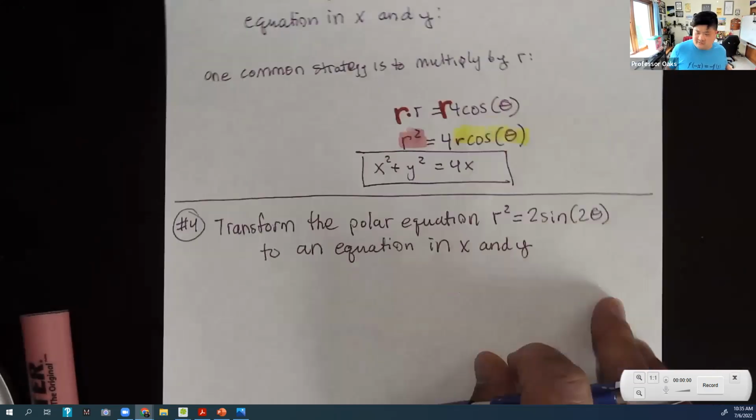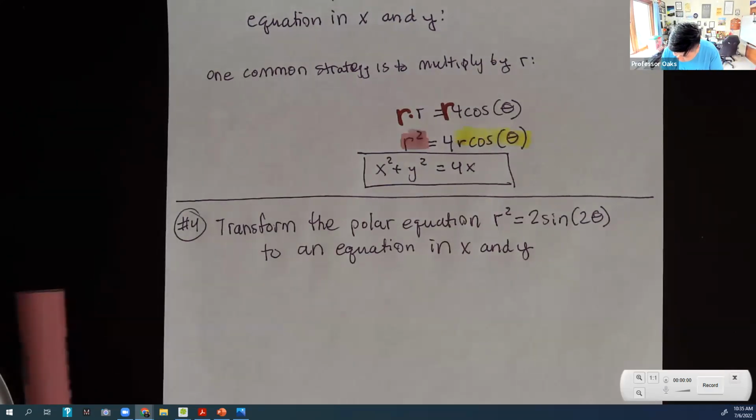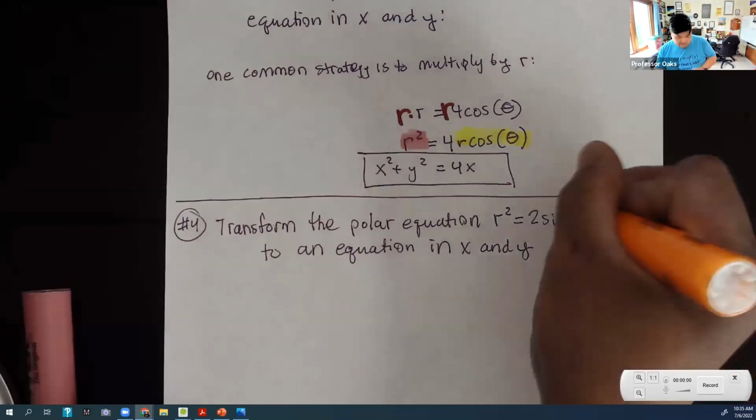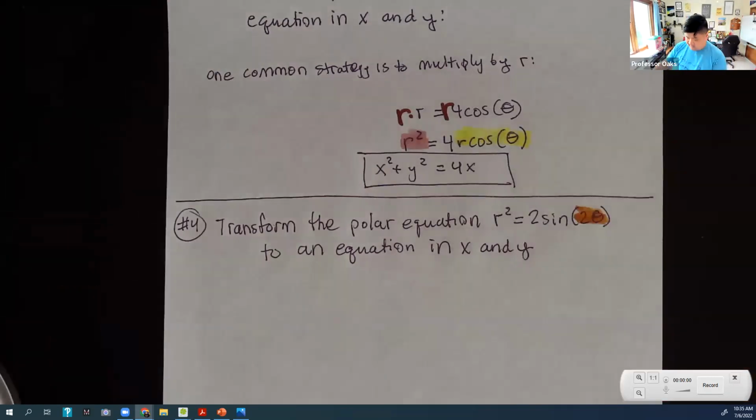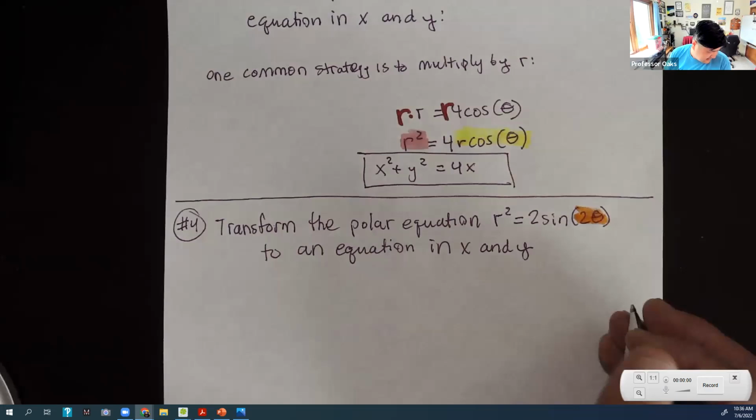So this one I will say is a little bit more difficult than the last one, because none of the equations at the top have a 2 theta in them, so you have to rewrite the equation so that it doesn't have the 2 theta in it.